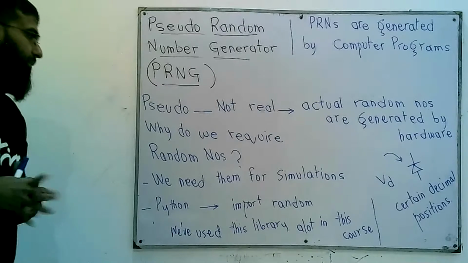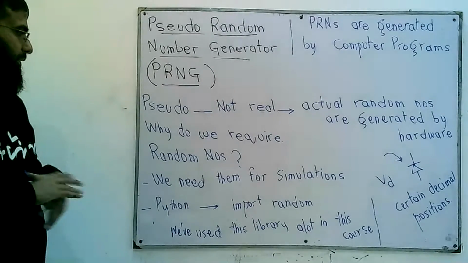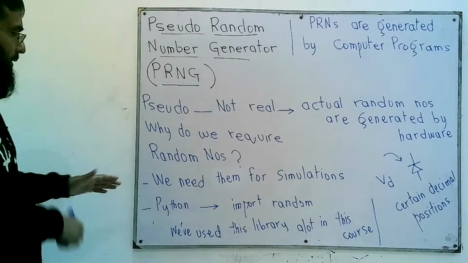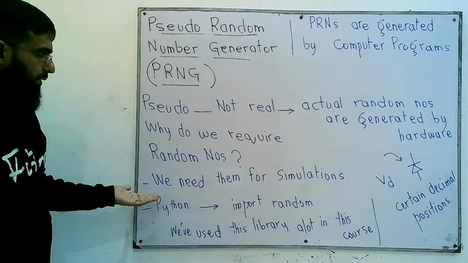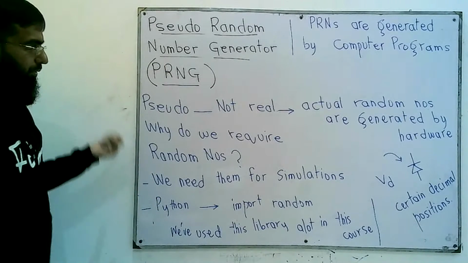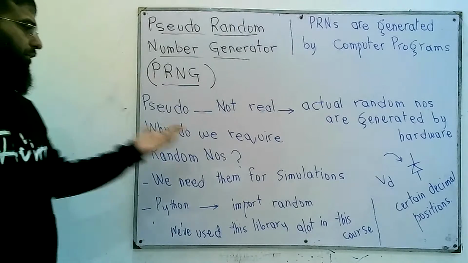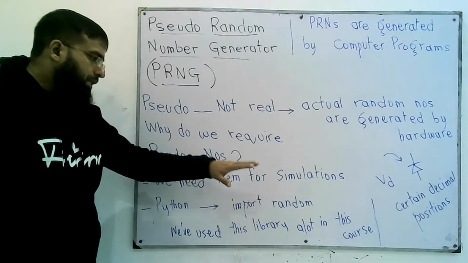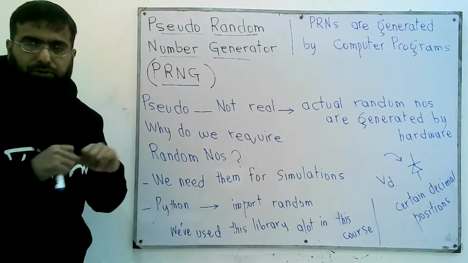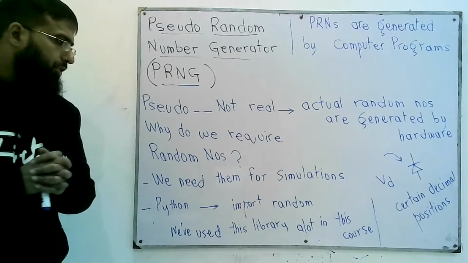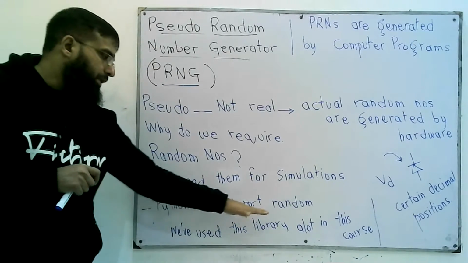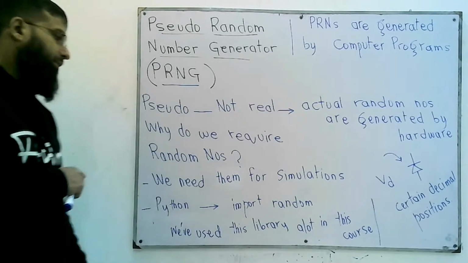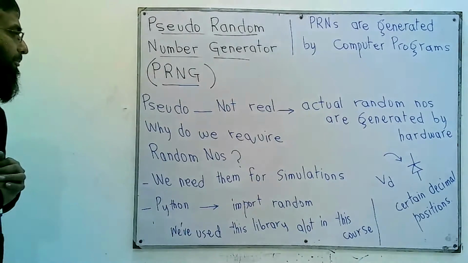So we have good computer programs to generate pseudo random numbers. Why do we require them? We need them for simulations. We have studied Monte Carlo simulations, and we have studied queuing, as well as sample probability distribution. अगर आपको पता है कि to sample a probability distribution, we require random numbers, and for that we have used this random library. We have used that library a lot.